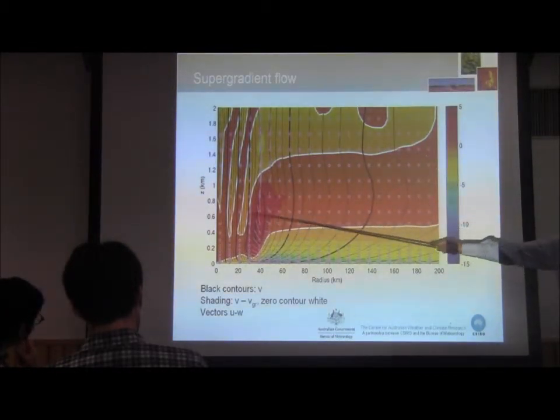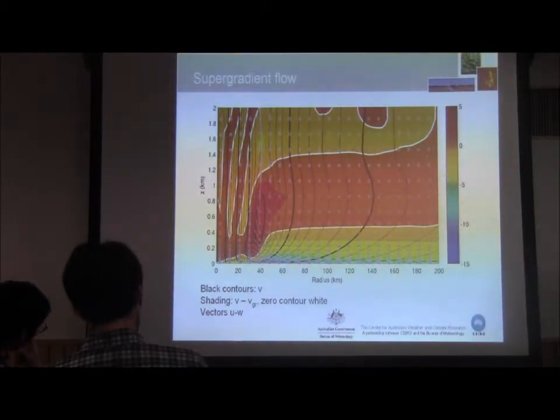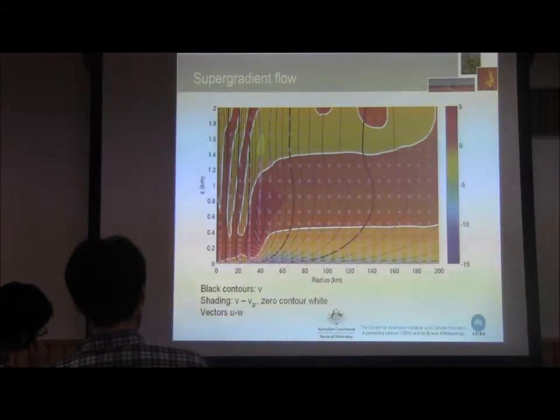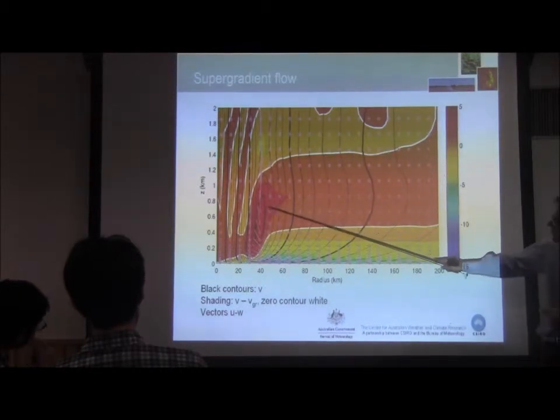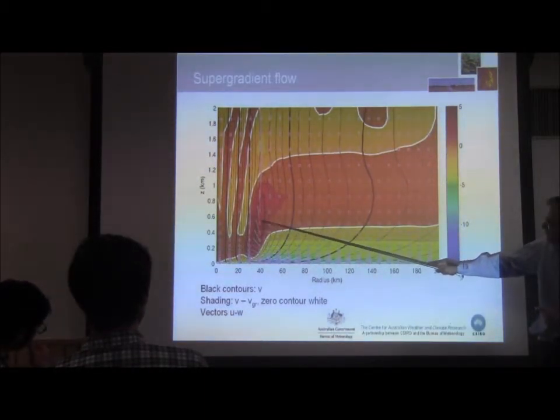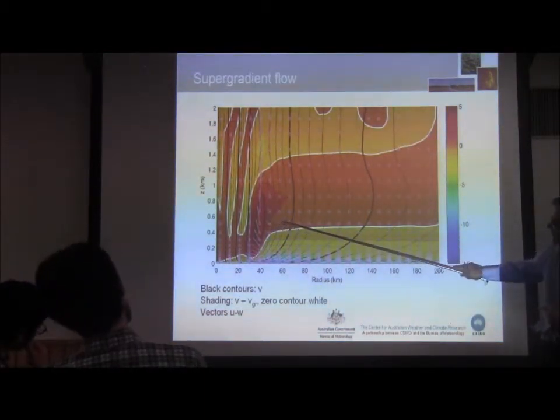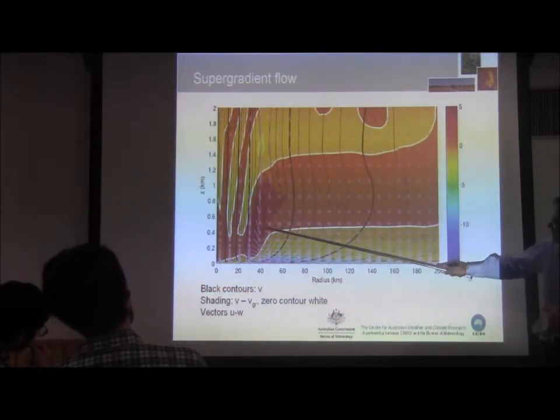Sometimes the extent to which it's supergradient can vary from being just 1 or 2% to as much as 15 to 20%, depending on the structure of the storm. And as we noticed with the observations, the strongest supergradient flow is still clearly within a region of inflow.